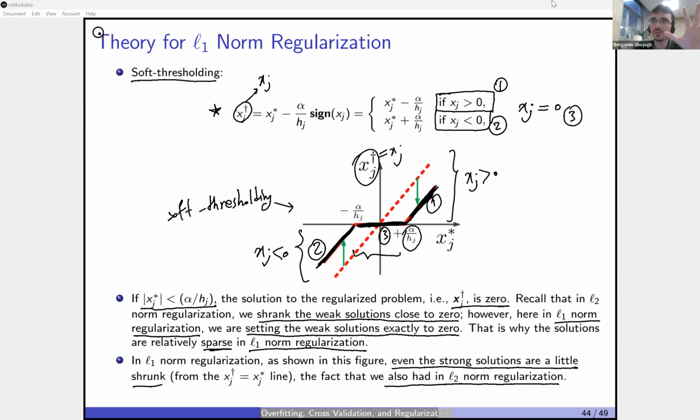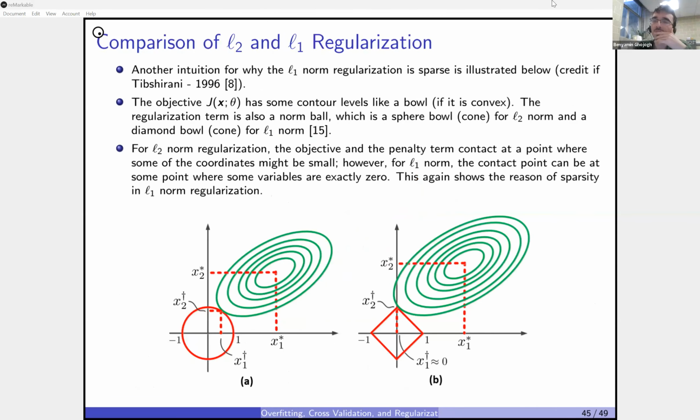By the way, L1 norm regularization usually ends up in soft thresholding. Either you use the proximal operator or you use coordinate descent optimization, you usually end up with soft thresholding. And I think in the course optimization techniques, I also proved that the proximal operator of L1 norm regularization is the soft thresholding function.